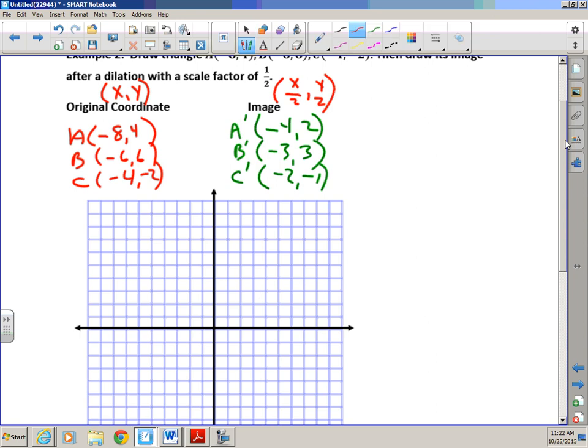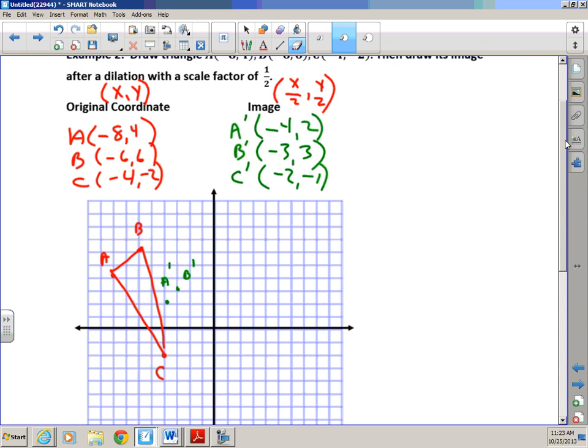Graph the original. There is A, there is B, and there is C. And then do the same for A prime, B prime, and C prime.